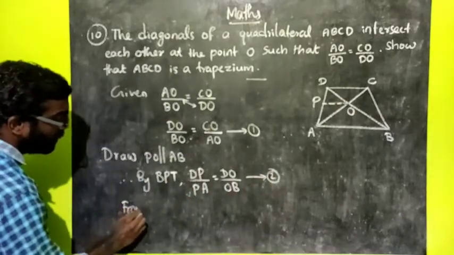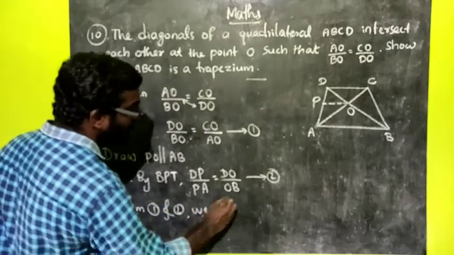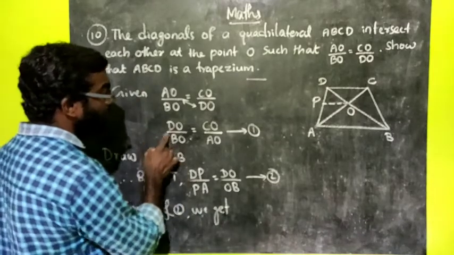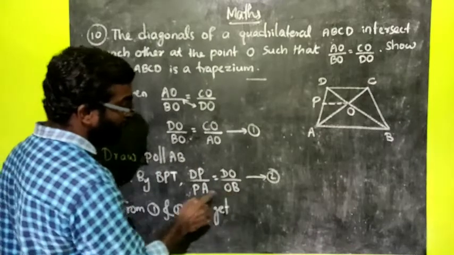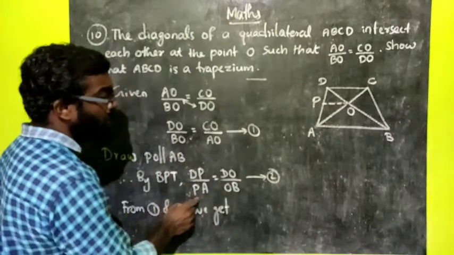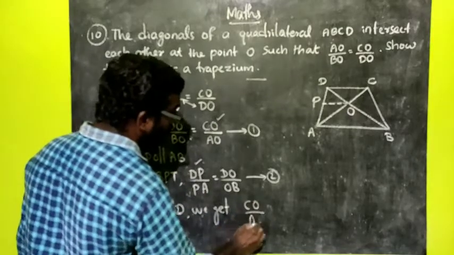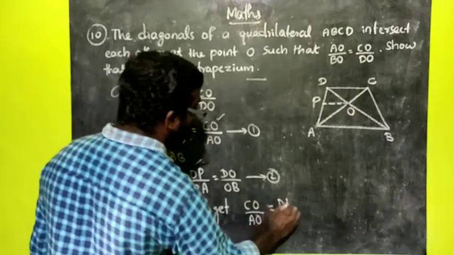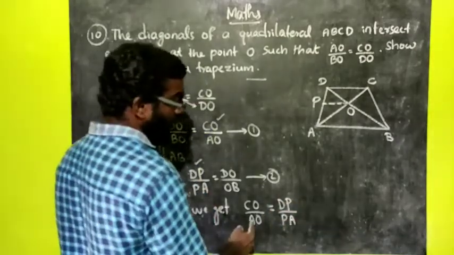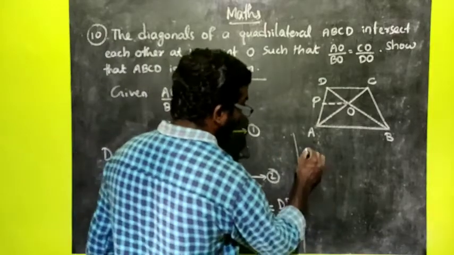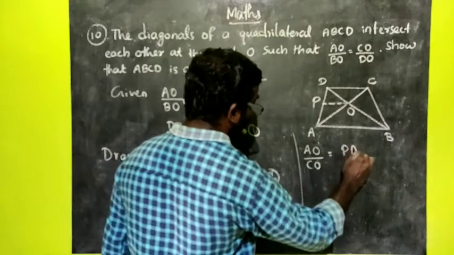From equations 1 and 2 we get: in equation 1, DO by BO is equal to CO by AO, and here DO by OB is equal to DP by PA. Okay, that means these two are equal: CO by AO is equal to DP by PA. Okay, now we can take reciprocals on both sides. We get AO by CO is equal to PA by DP.